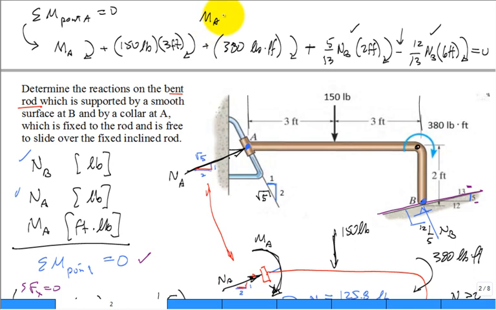I solve for m sub a from this equation, and it's negative 230 foot-pound. So don't go change your free body diagram just because you calculated a negative answer. Leave it alone. That negative says my intuition or my first guess was wrong. It's actually in the opposite direction. No big deal. Okay? Very good.